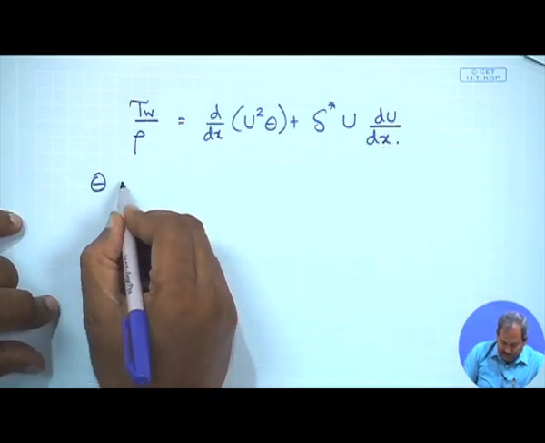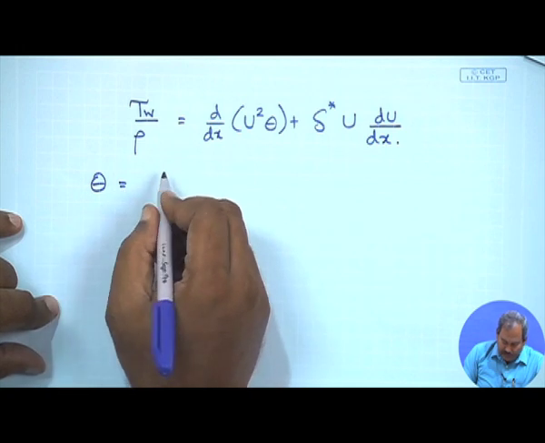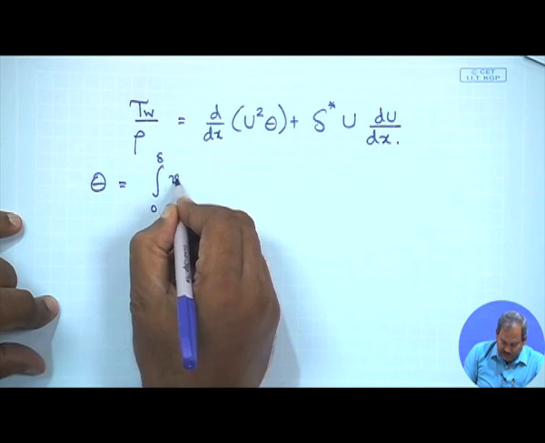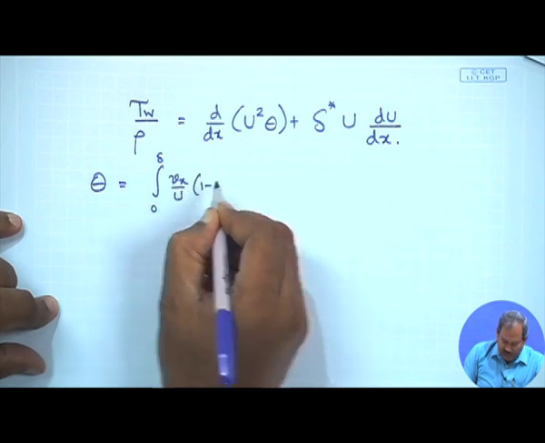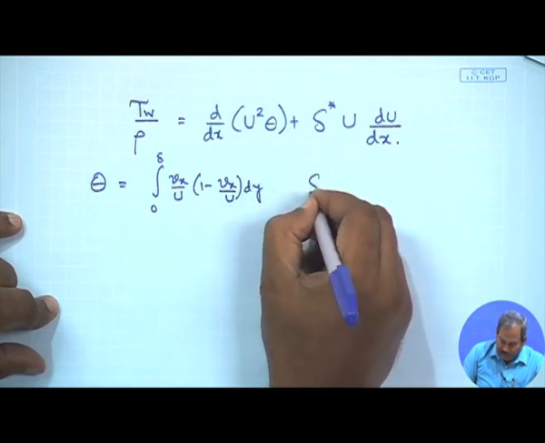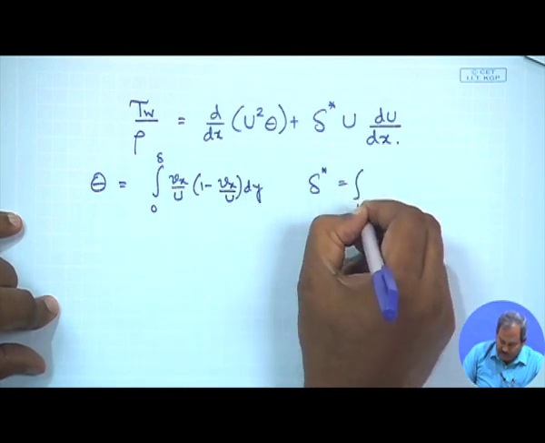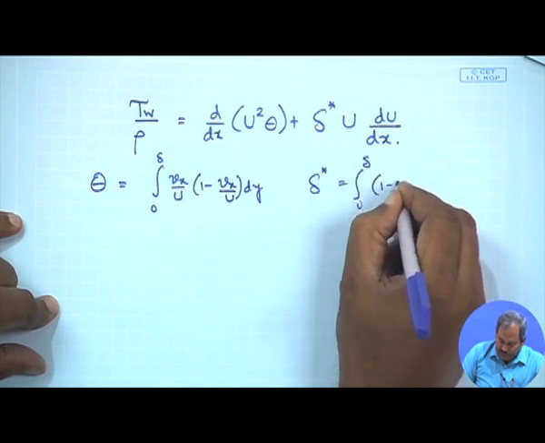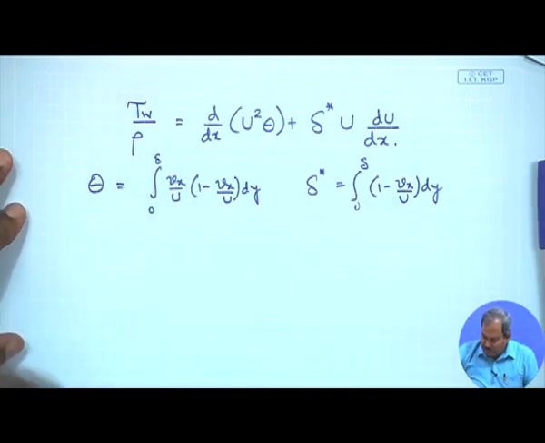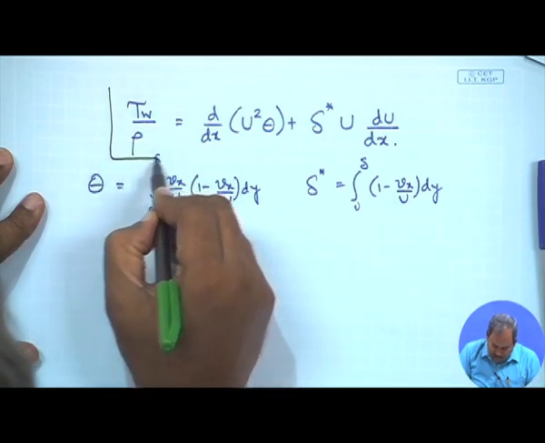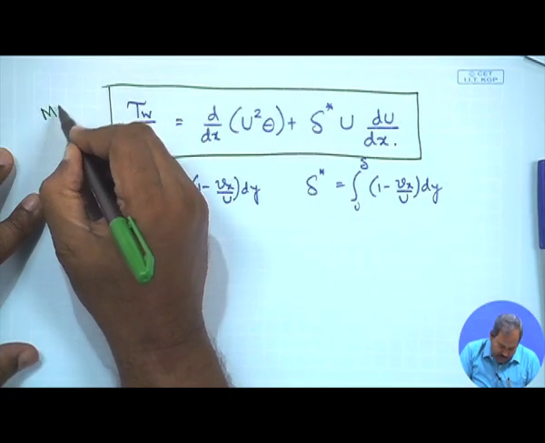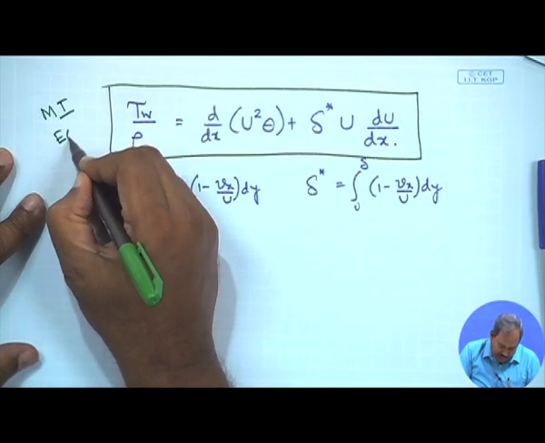This theta, I think you will recall, is the momentum thickness, which is defined as the integral of Vx by u times 1 minus Vx by u times dy, and delta star is the displacement thickness, which was defined in the following form. So, this is the all important momentum integral equation.